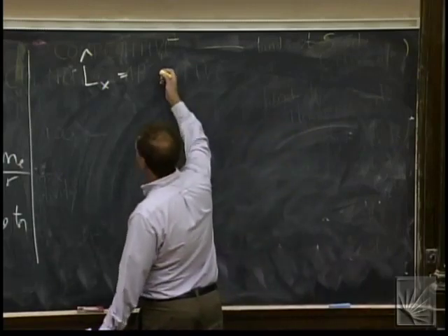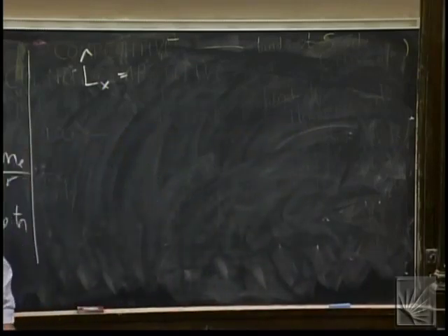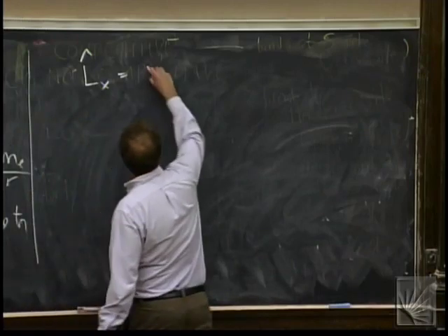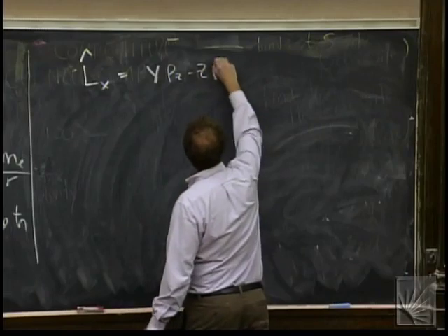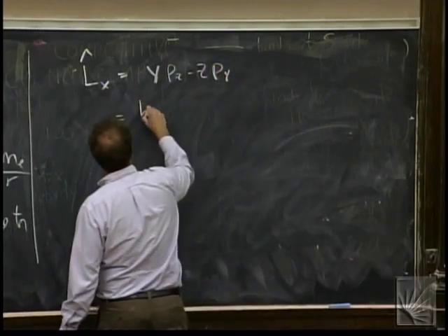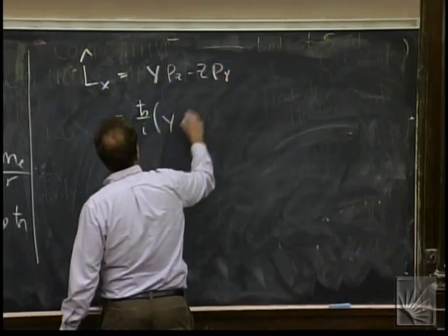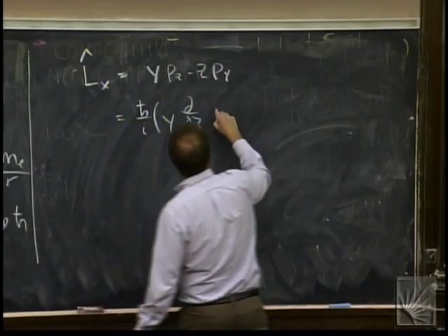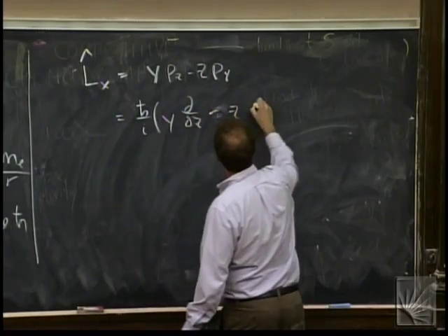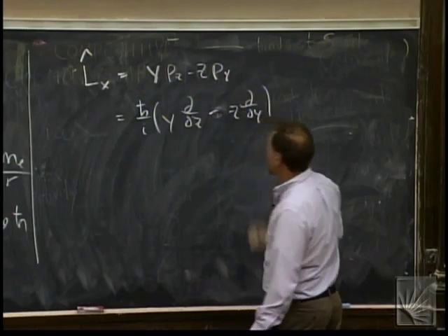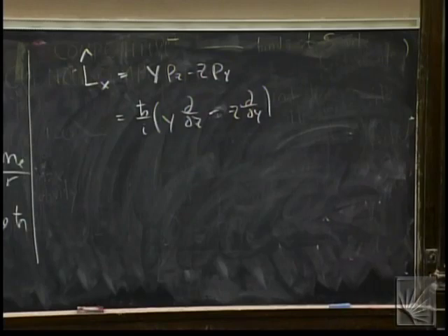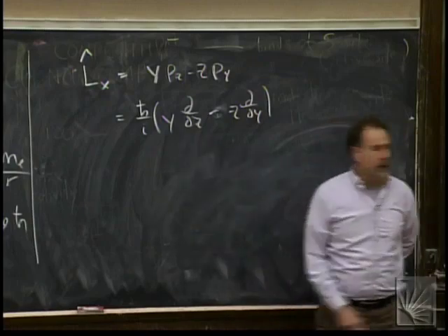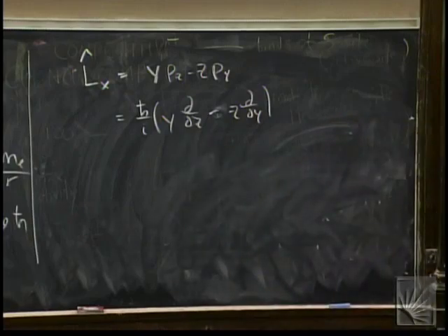Okay, so I know that Lx is ypz minus zpy, which is h bar over i times y d by dz minus z d by dy. Now I want to translate that over to r, theta, phi notation. If I take the term y, I can nicely write it in terms of r, theta, phi.